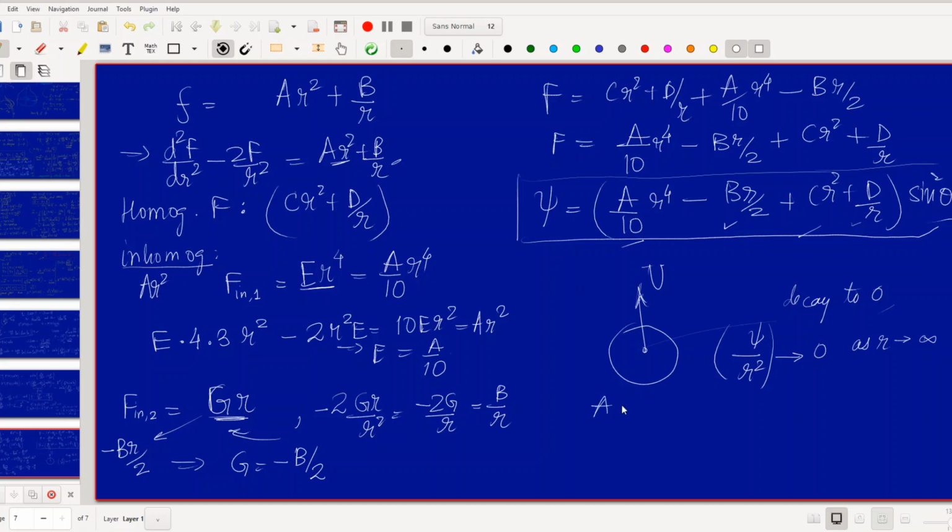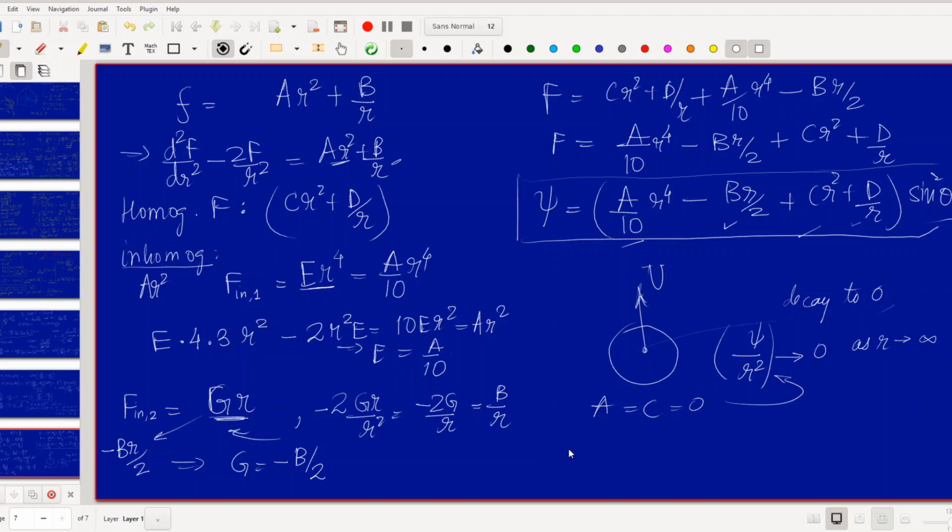So a and c must go to 0 in order to satisfy that the velocity field decays to 0 at infinity. The logic is very clear that for large values of r, we must have a solution which decays and does not grow or become constant.